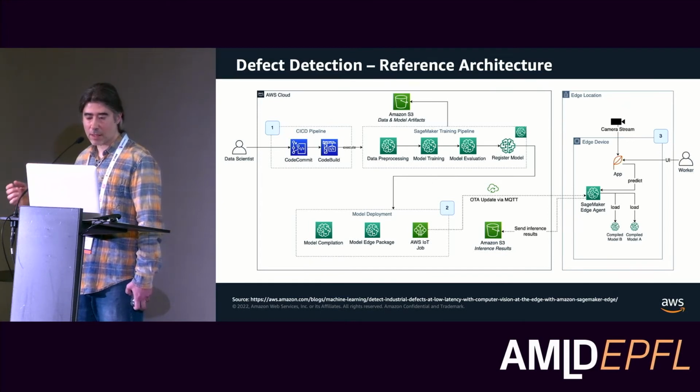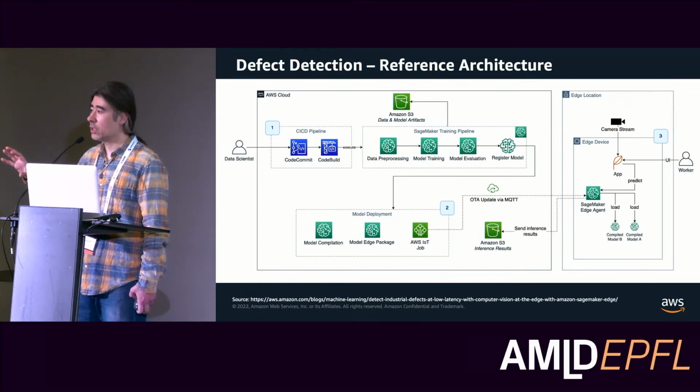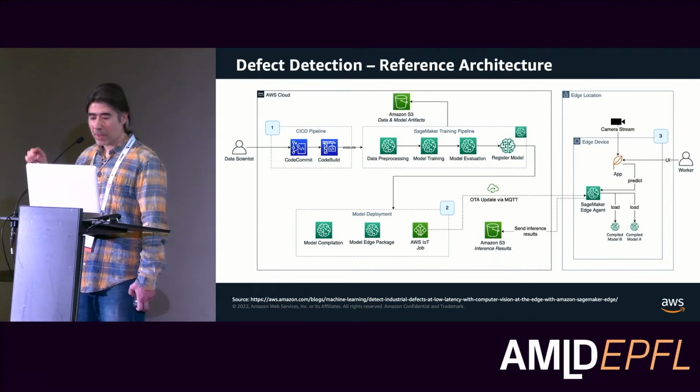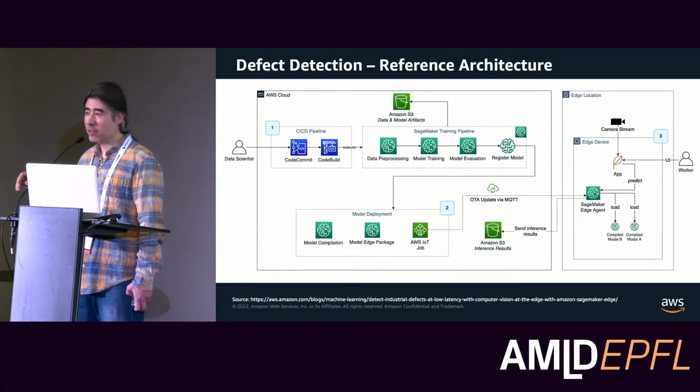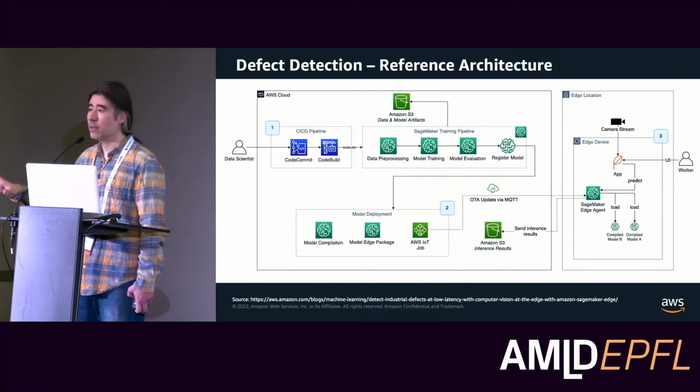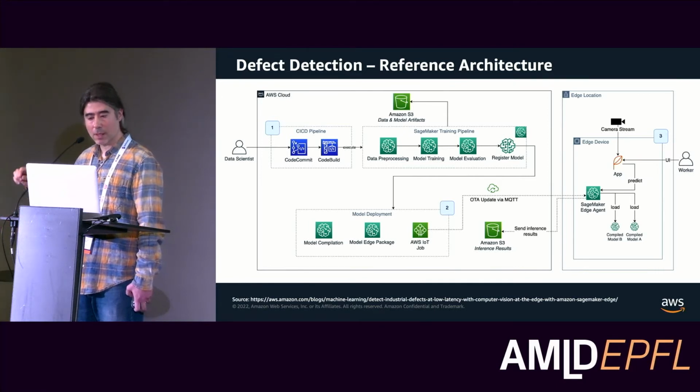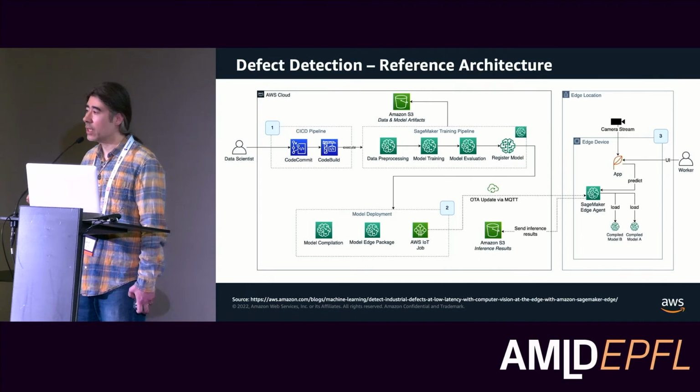And at the right side, you can see the edge location, or the factory in this case. The edge device here is just a bare metal x86-64 machine, an Intel machine, and they are just deploying the whole solution using Docker containers.